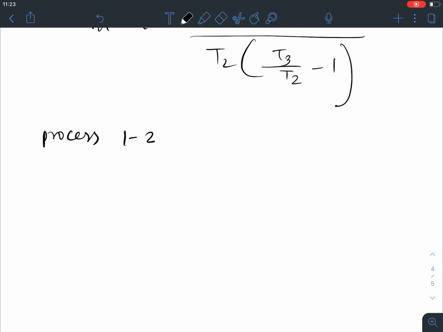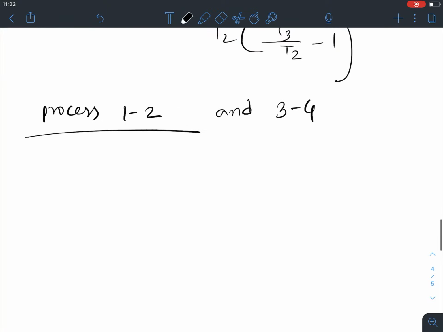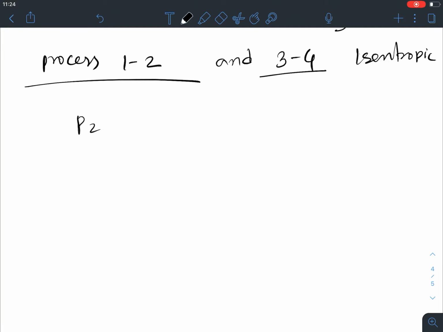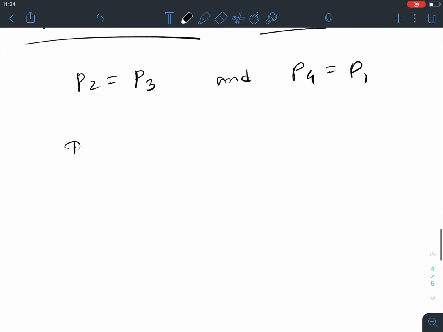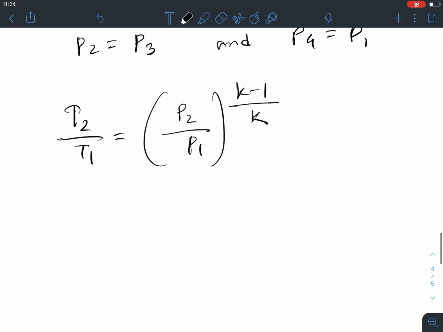For an ideal gas and an isentropic process, for process 1 to 2, as well as 3 to 4, which is also isentropic, we know that P2 equals P3 and P4 equals P1 from the PV diagram.